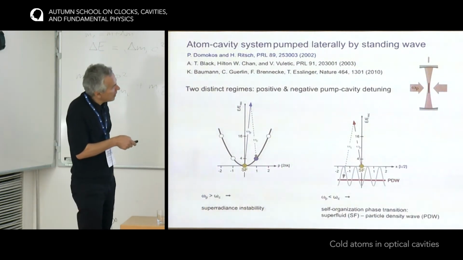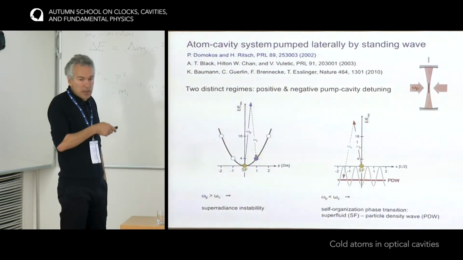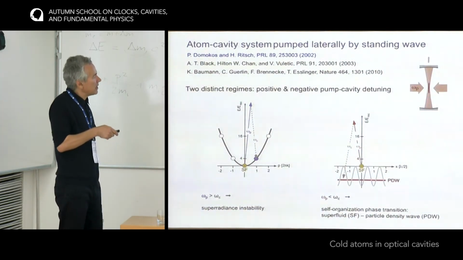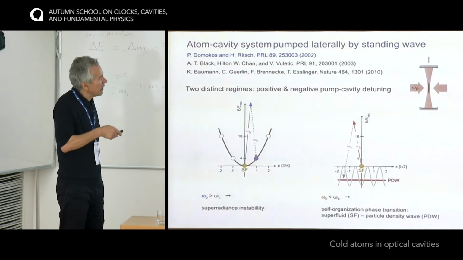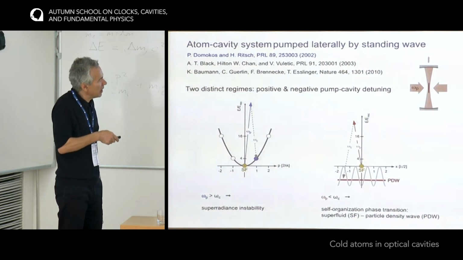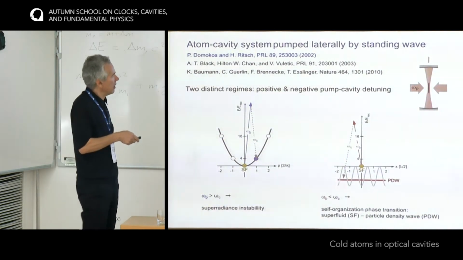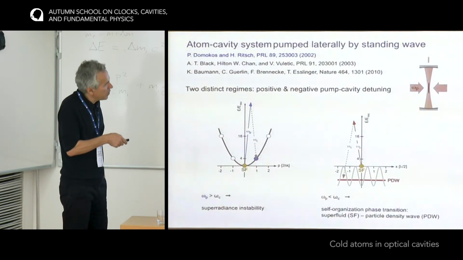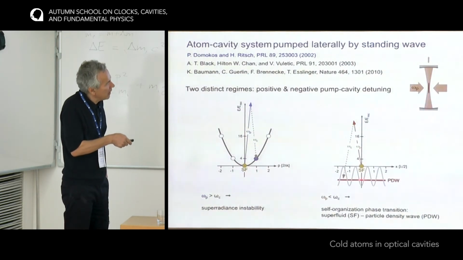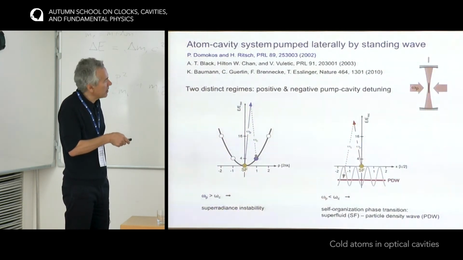However, if we shine in red detuned photons, in principle it's conceivable that the photons that are scattered into the cavity pile up in the cavity in order to make a lattice, a light shift potential, which can trap atoms in some low-lying band.